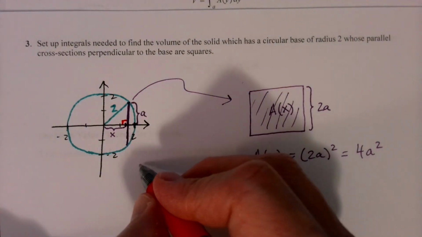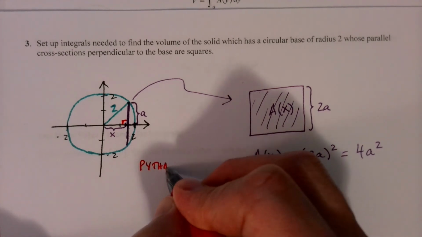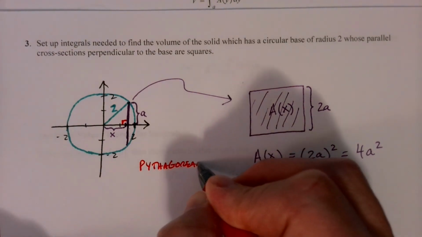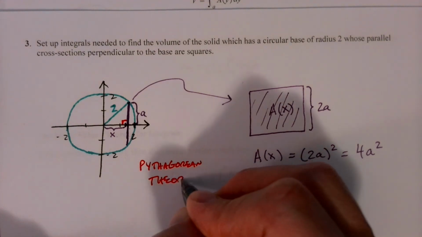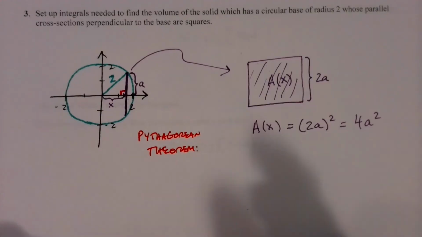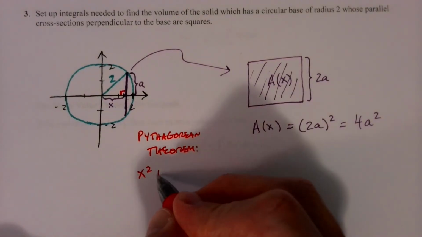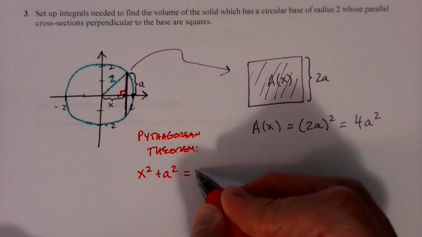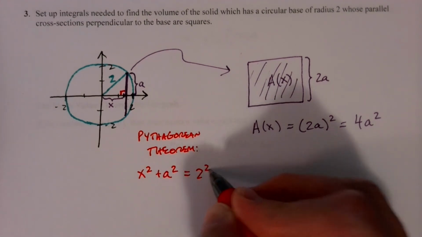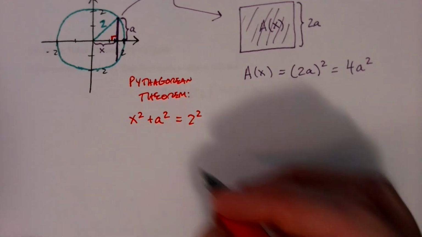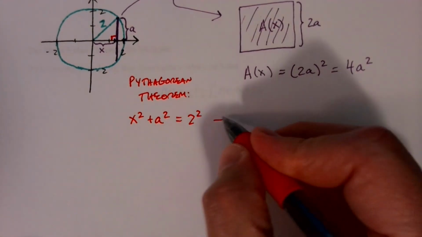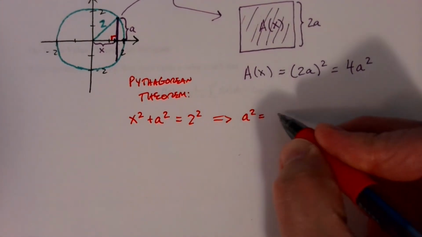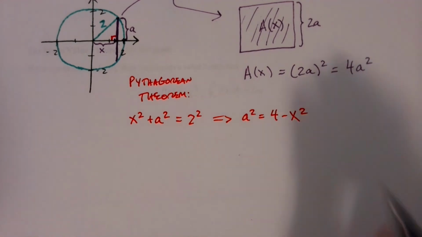And so again, by the Pythagorean theorem, what do we have? We have x squared plus a squared is equal to 2 squared. 2 squared being 4. And notice then I get that a squared is 4 minus x squared.